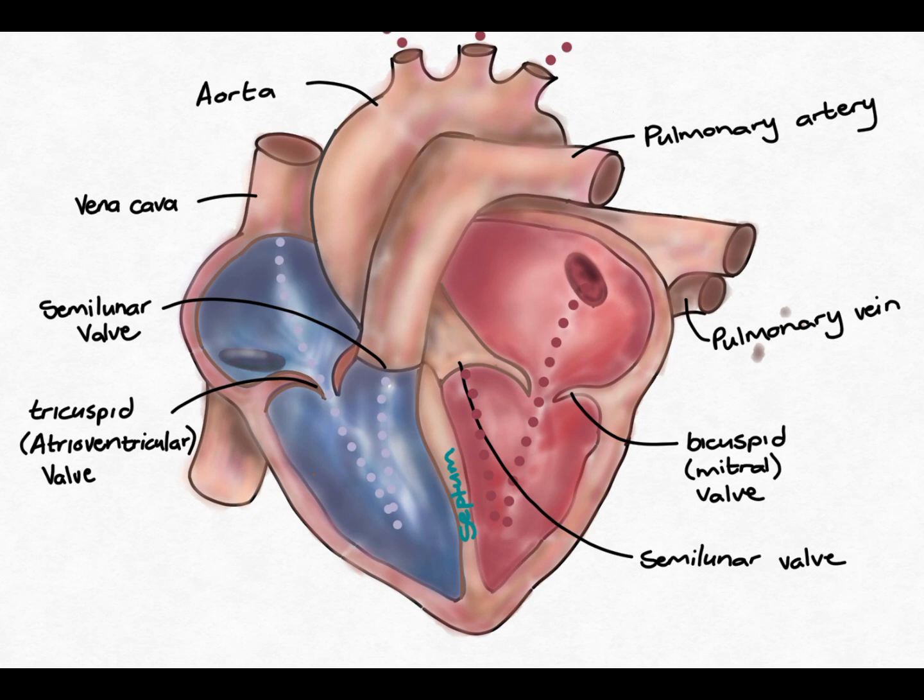That's because our lungs, cells, and capillaries are very delicate, meaning that if a high pressure is used here, then these capillaries might burst. But in our systemic circulation, high pressure needs to be used. That's because blood needs to be pumped further away from the heart.